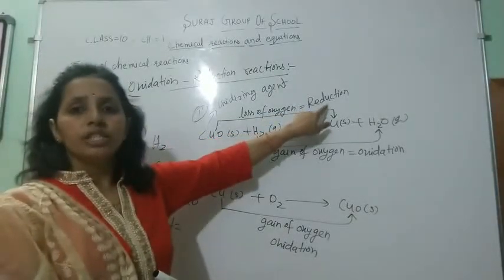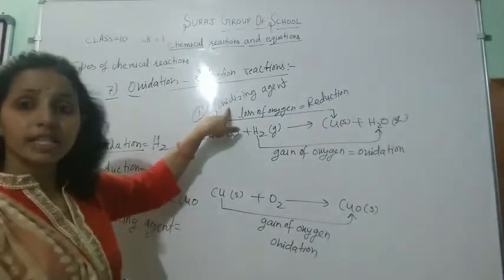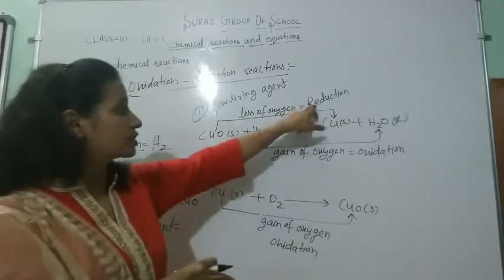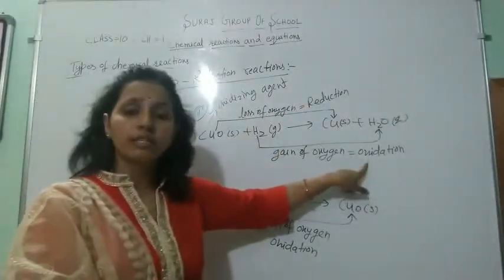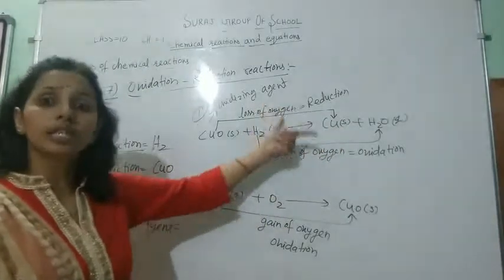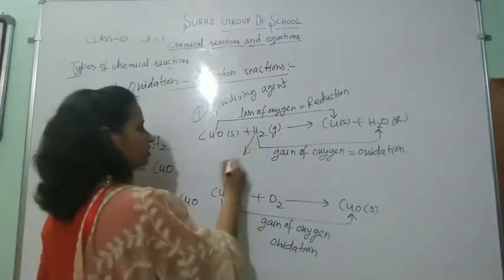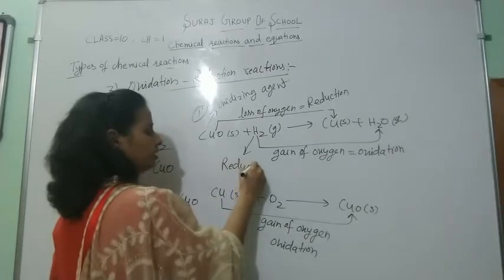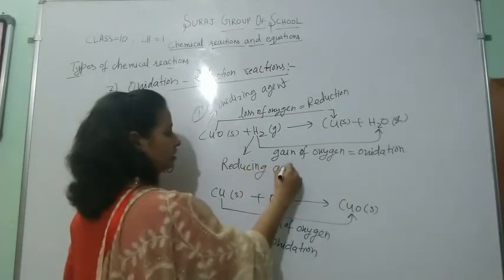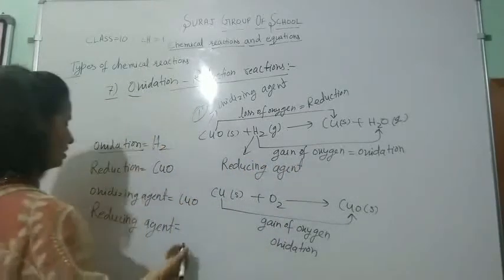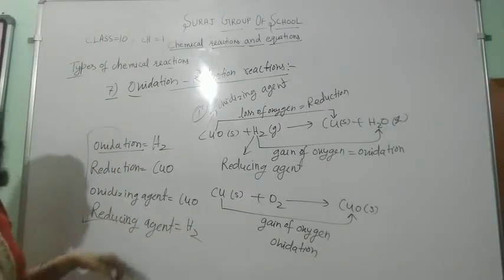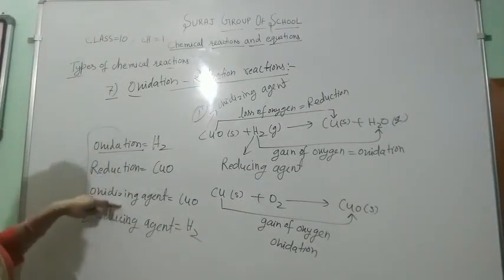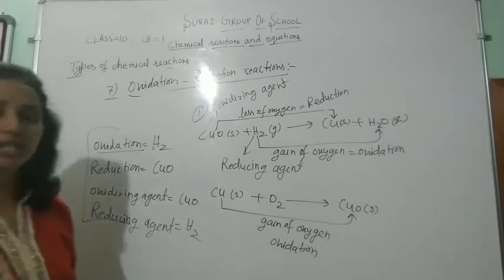The compound which is reduced is known as the oxidizing agent. Opposite terms: reduction, oxidizing. And the compound which is oxidized is known as the reducing agent. Hydrogen is known as the reducing agent. So these are the four terms: oxidation, reduction, oxidizing agent, reducing agent.